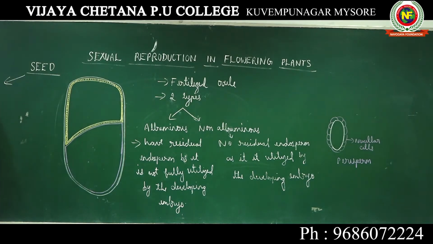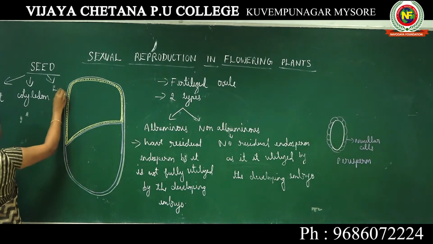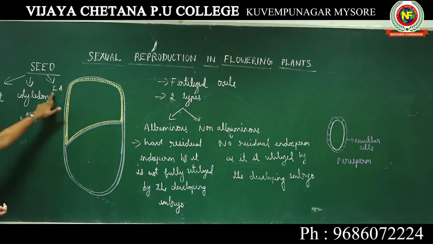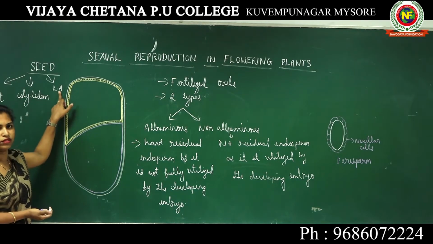One is the seed coat, second is the cotyledon, third is the embryonal axis. These two are the parts of an embryo.